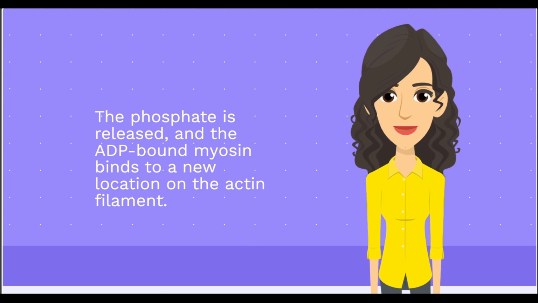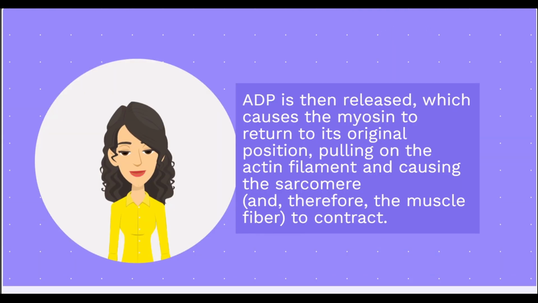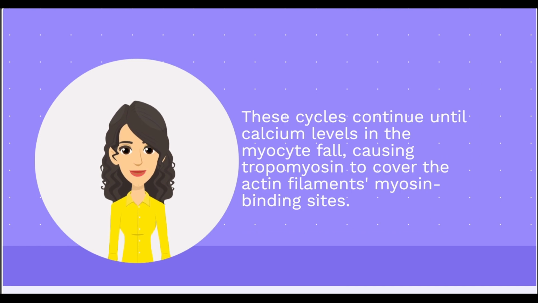The phosphate is released, and the ADP-bound myosin binds to a new location on the actin filament. ADP is then released, which causes the myosin to return to its original position, pulling on the actin filament and causing the sarcomere, and, therefore, the muscle fiber, to contract. These cycles continue until calcium levels in the myocyte fall, causing tropomyosin to cover the actin filament's myosin binding sites.